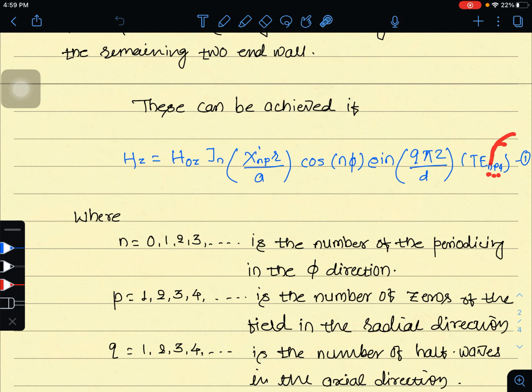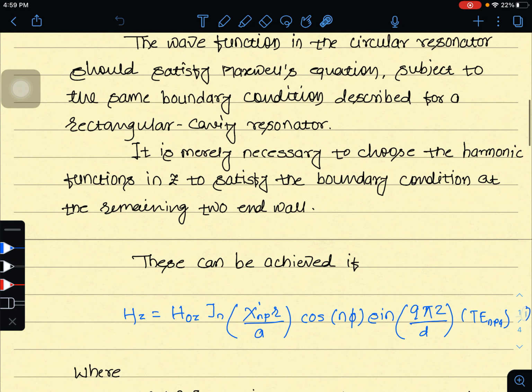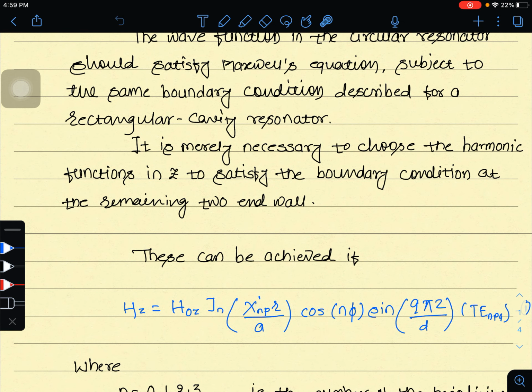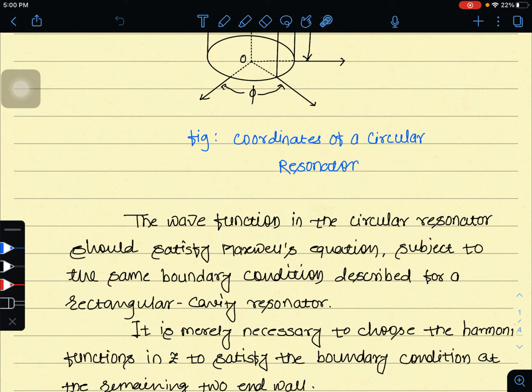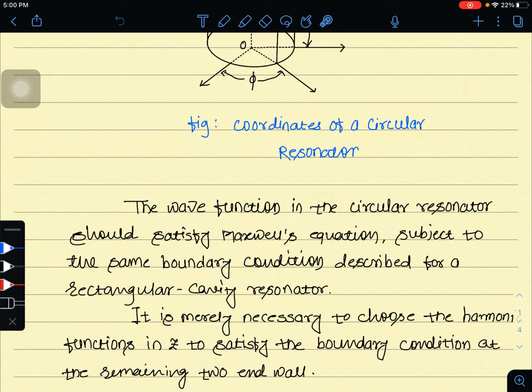What is n? n is the number of periodicities in the phi direction. What is the value of p? p is 1, 2, 3, 4, and so on, and this is the number of zeros of the field in the radial direction.